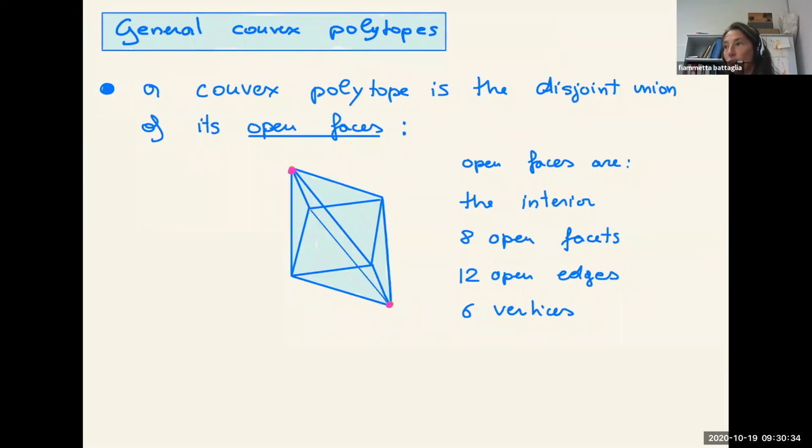Let me just say a few generalities about polytopes. I often forget to say convex, but all the polytopes that we are considering are convex. A convex polytope is the disjoint union of its open faces. I think this is pretty clear.